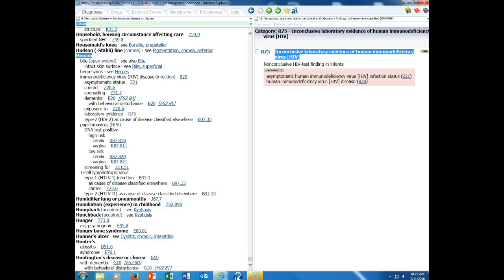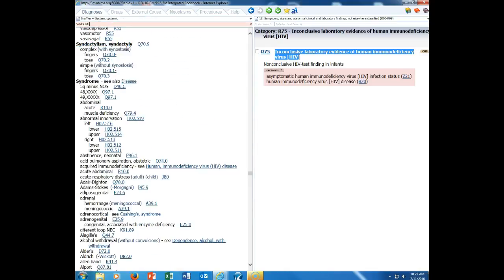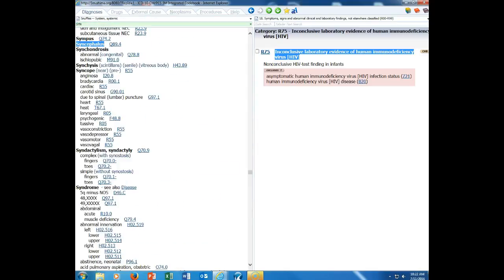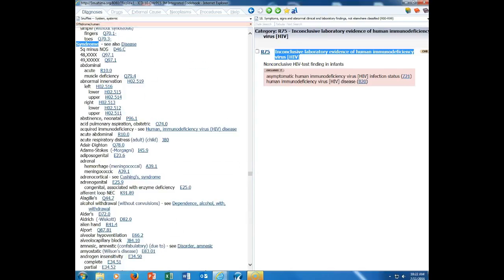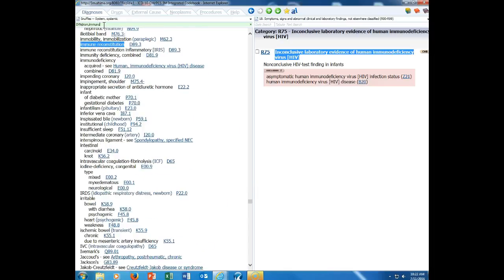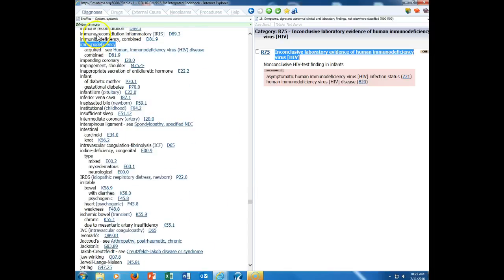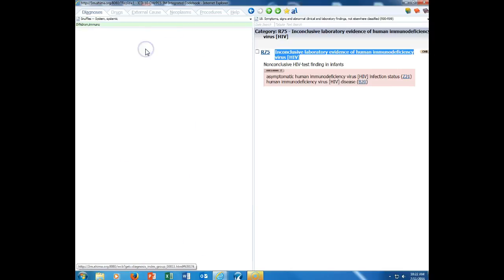Let's try to look this up. Okay, so if we go to syndrome, immunodeficiency, it will tell us to see human immunodeficiency virus.